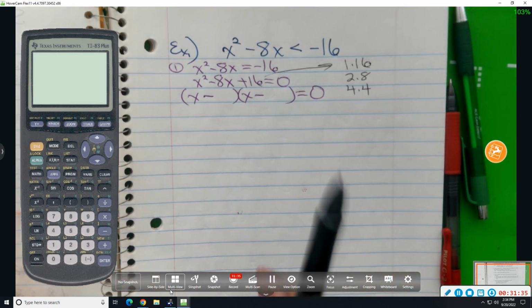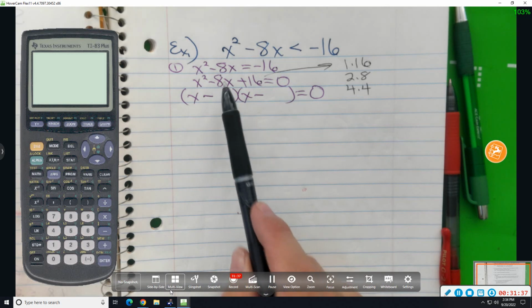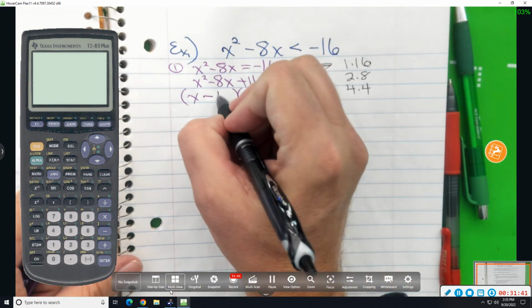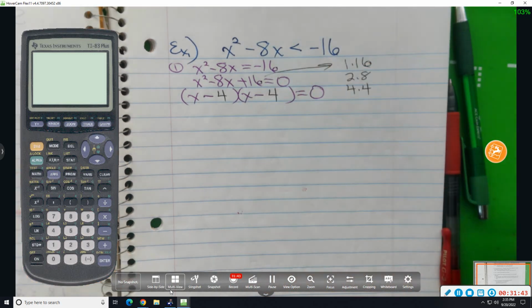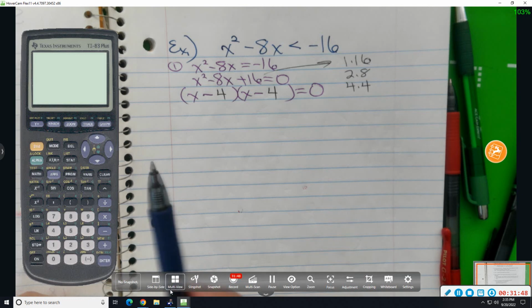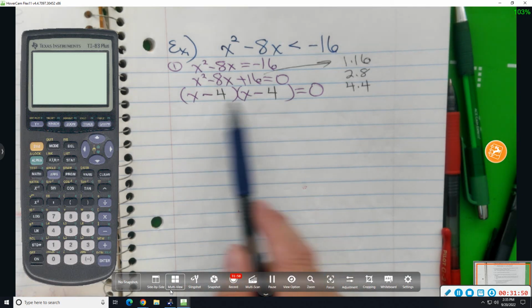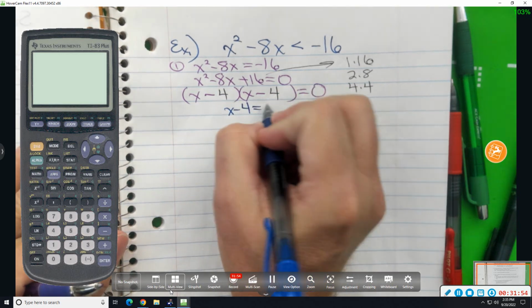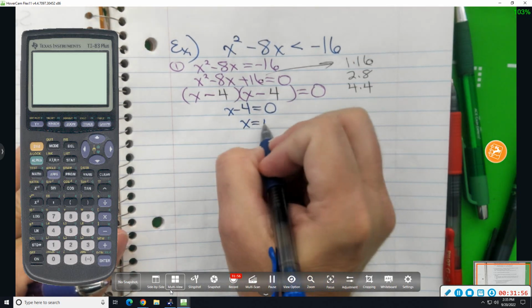It's a simple trinomial. You choose the pair that adds up to give you 8, so 4 and 4. I think we're only going to get one solution cut point, aren't we? Because we have the same factor right there. That's x minus 4 equals 0, so our only solution cut point is 4.